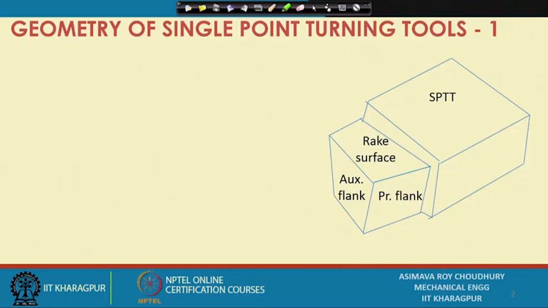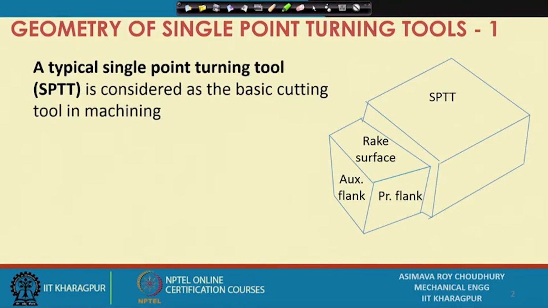Let us first discuss the basic relationship between machine tools and cutting tools, and then the geometry of cutting tools. Today we are going to discuss the geometry of the single point turning tool. On the screen you can see the shape of a single point turning tool, SPTT.